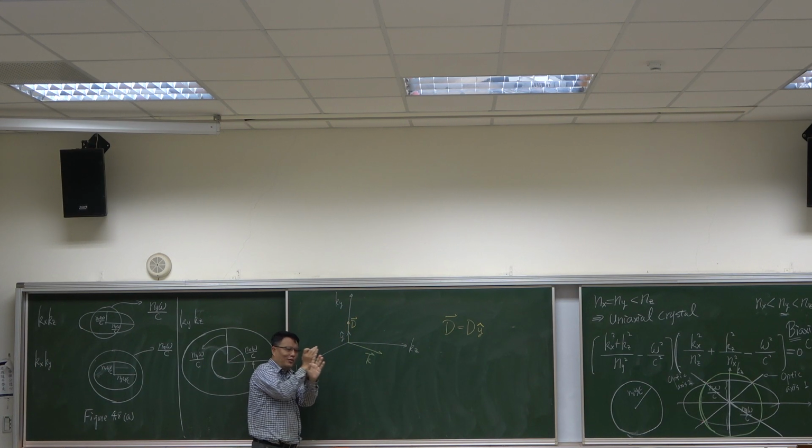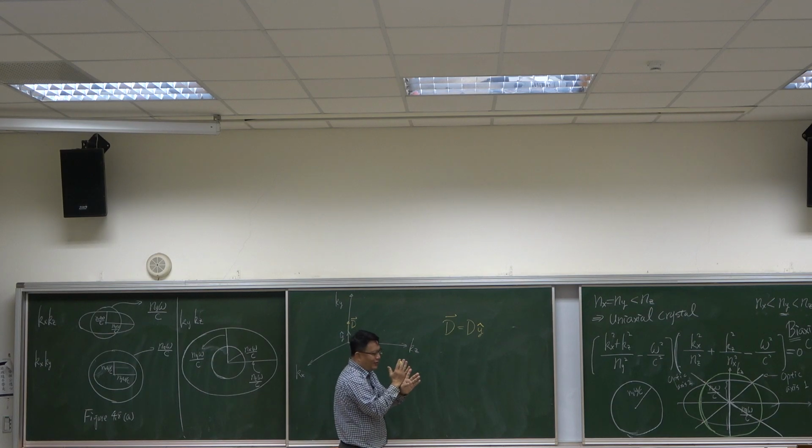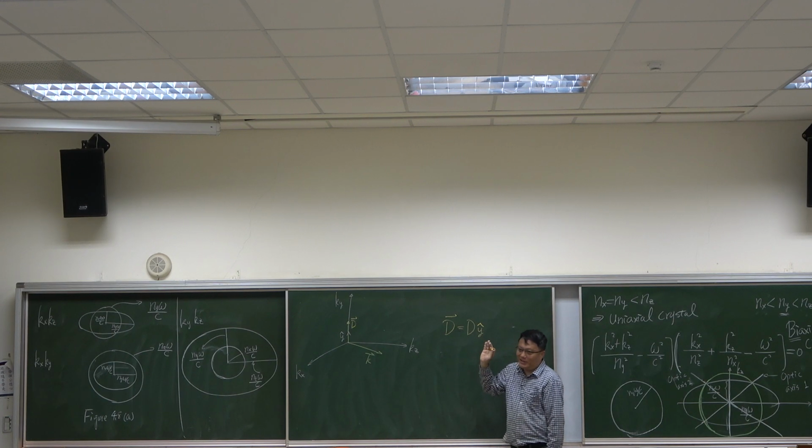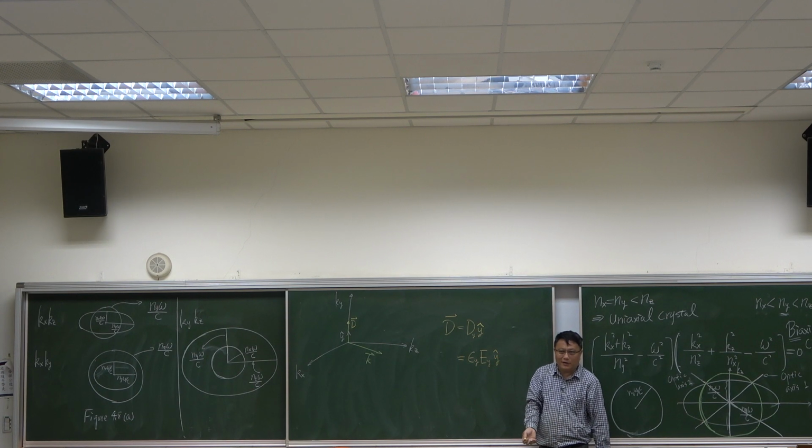along this direction, when the D vector is along one of the principal axes, the relation between D and E is very, very simple, because D is equal to epsilon y times Ey, and D is parallel to E. Okay.